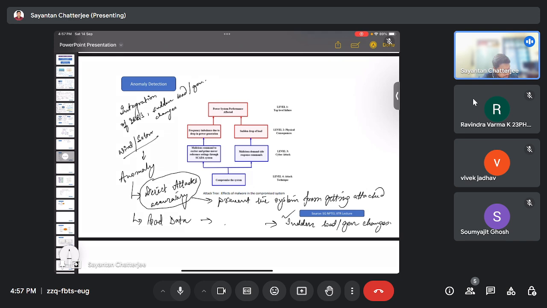And these others are not required because they would result in inaccurate monitoring and control. So these two things should be prevented at the very beginning. For that purpose, the anomaly detection technique should be accurate enough to prevent the system from getting damaged.